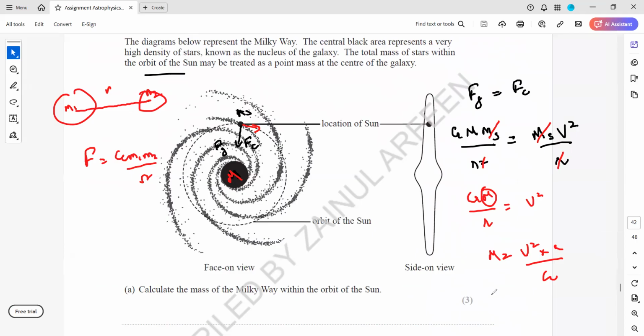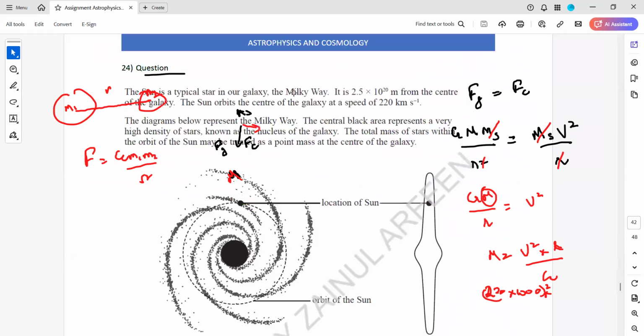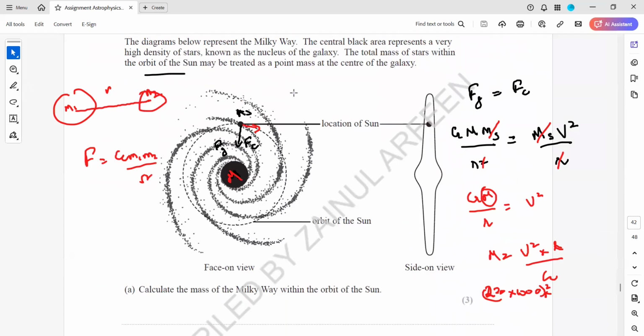So v is 220, but in kilometers per second. So 220 multiplied by 1000, squared, multiplied by the radius, which is 2.5 exponent 20, divided by G. G is the gravitational constant, and it will be there as a constant value. It is 6.67 times 10 to the power minus 11.